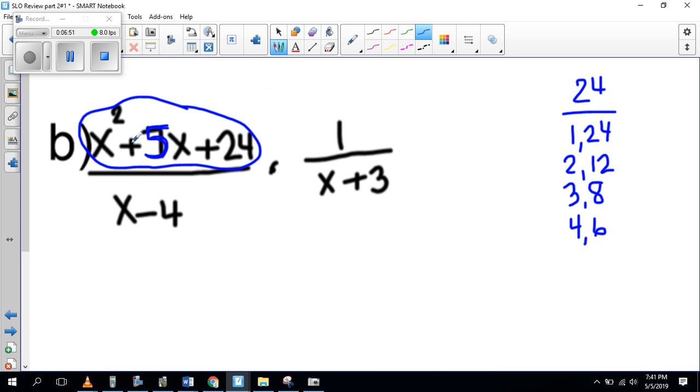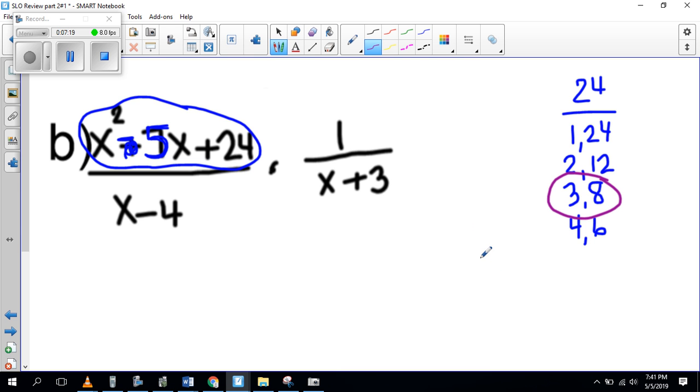Or negative. Make it a negative 5. So on that one, it should be x squared minus 5x plus 24. And I probably have it changed on the thing, but just so when you see this, you won't be alarmed. Okay? So we need the one that's going to give us a negative 5. So the only one that would give us a negative 5 would be 3 and 8.